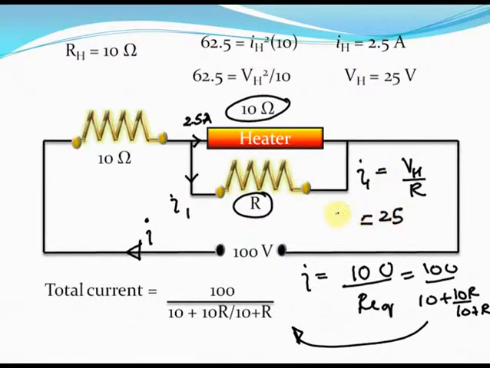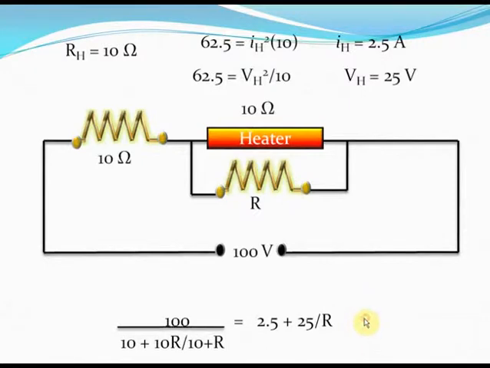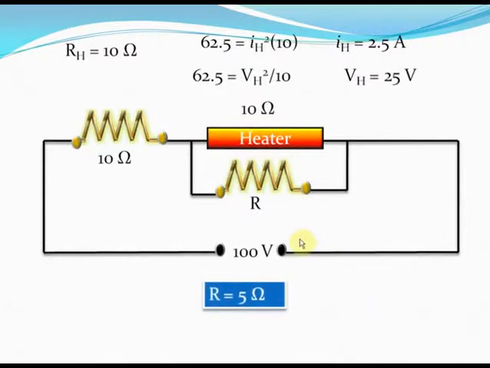So you can say that the net current passing through the resistance capital R is 25 divided by R. What that tells us is that this expression for the net current passing out of the battery of 100 volts is the same as 2.5, the current through the heater, plus 25 by R, the current through the resistance capital R. Here we have an equation with only one variable, capital R. When we simplify this equation, we get the value of R as 5 ohms.